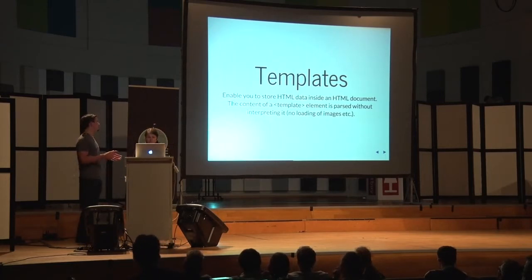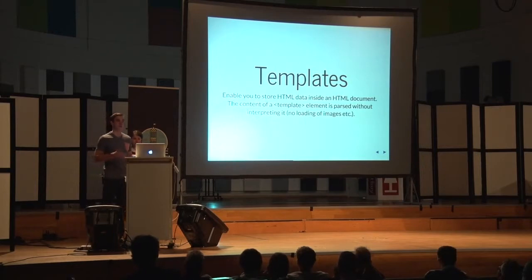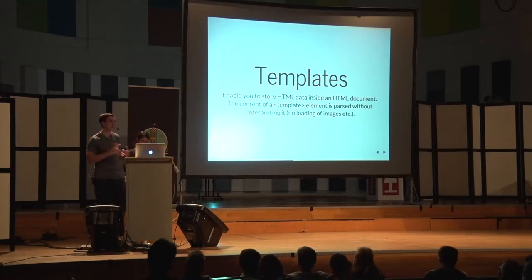We can already insert this into our own HTML documents, etc., but it's not loaded yet or started yet. Basically, images aren't loaded yet, the scripts aren't working yet, there's no styling, etc. That will start at the moment when you instantiate a template, basically, when you really load it into your app.